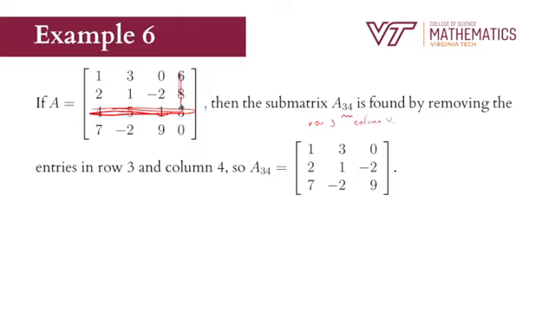And so this column goes away. The numbers indicate which row and which column. And now, instead of having a 4 by 4 matrix, we just have this 3 by 3 matrix. 1, 3, 0. 2, 1, negative 2. 7, negative 2, 9. All right. That's what a submatrix is.